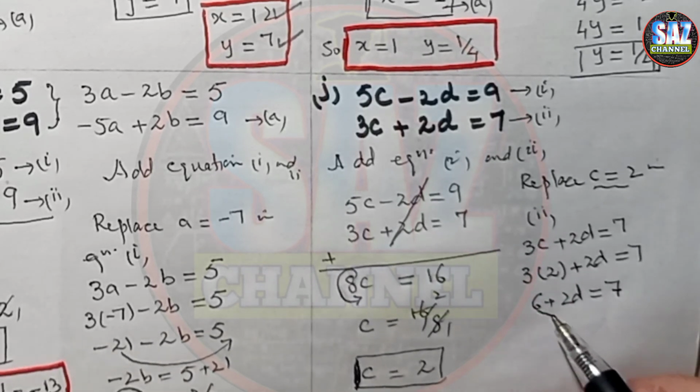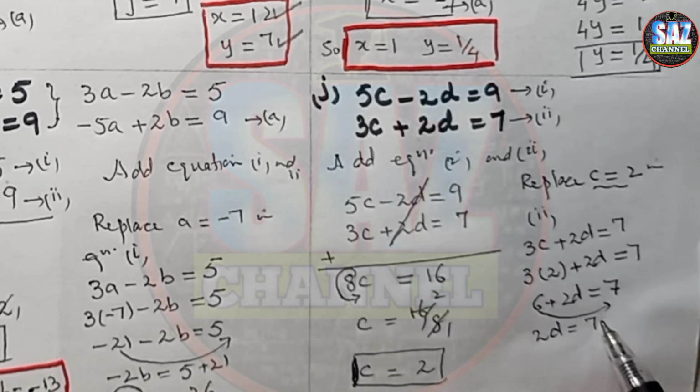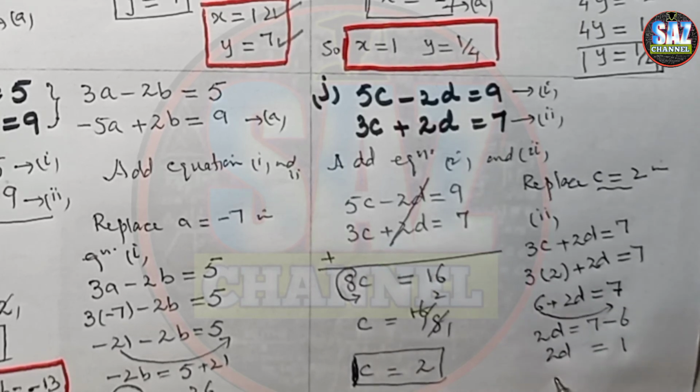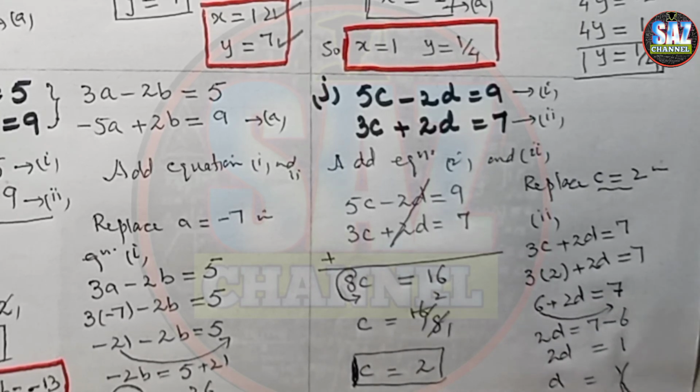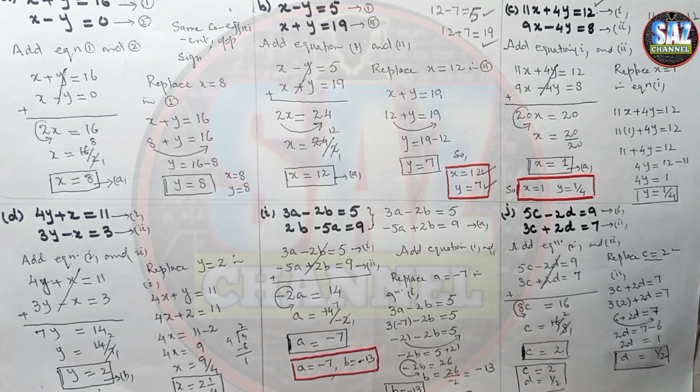First of all, I have to shift this 6 to the other side. 2d equals 7 minus 6, 2d equals 1, and d equals 1 by 2. So the value of c is 2 and d equals 1 by 2. So this is the answer for this situation. I hope you are clear about this question.